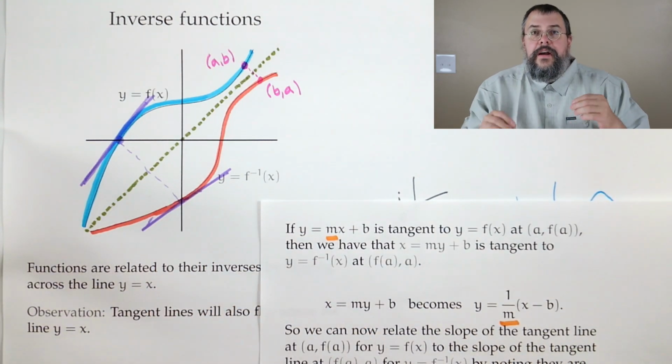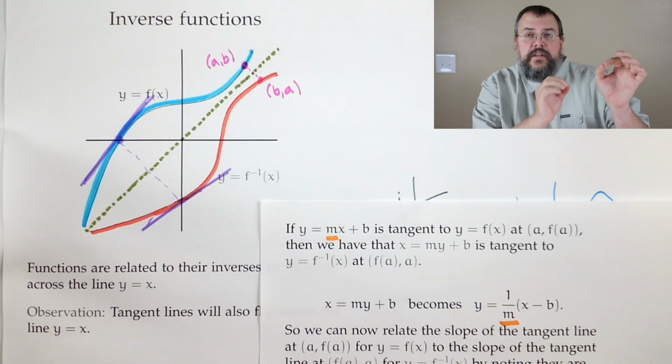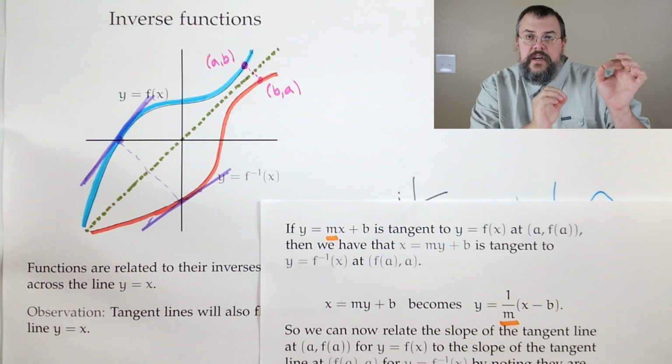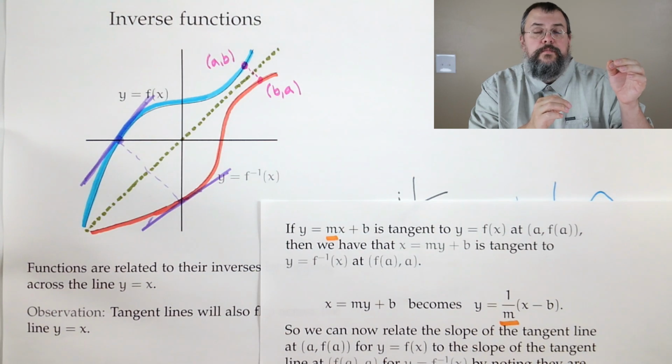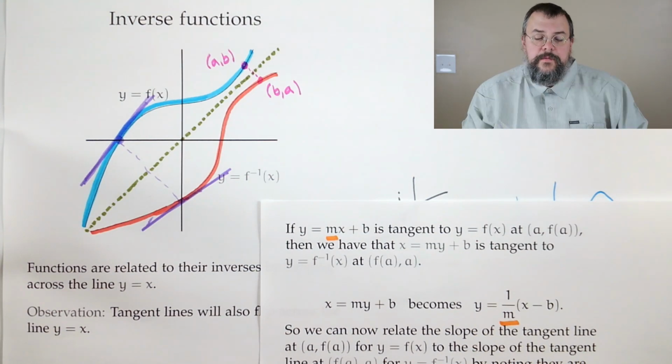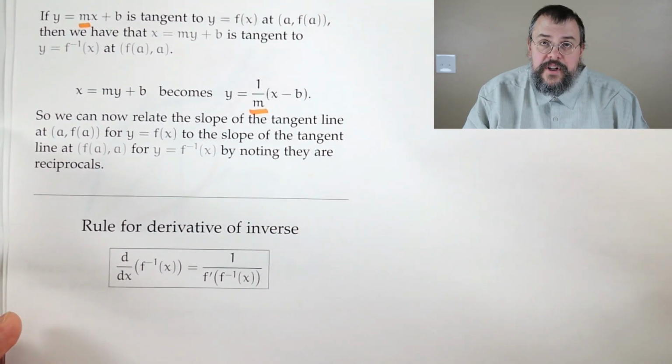So we have a tangent line at some point, there's a derivative there, and it becomes a new tangent line with a slope of 1 over the original slope, but we have to account for the new location. How do we put it all together?